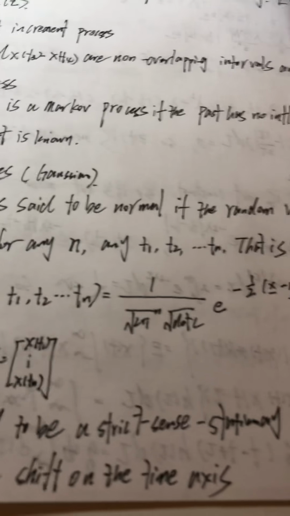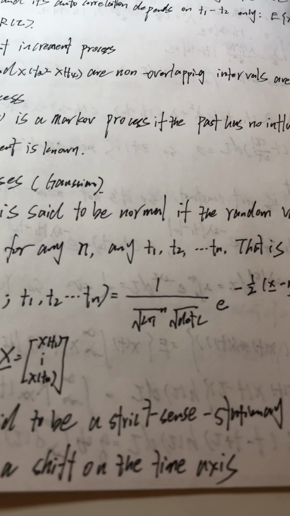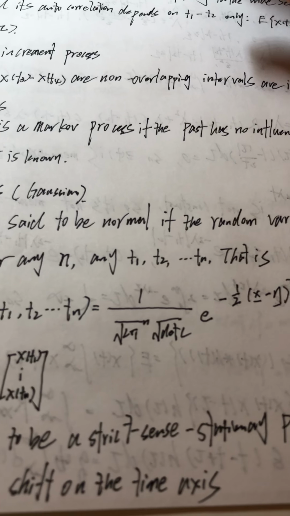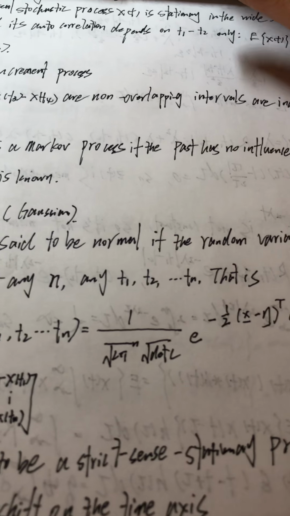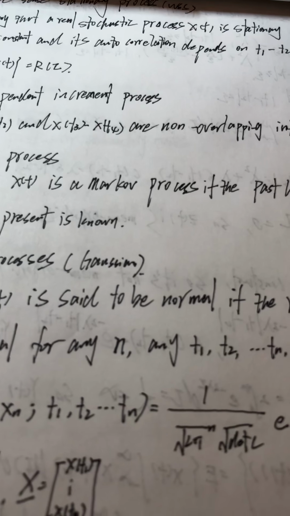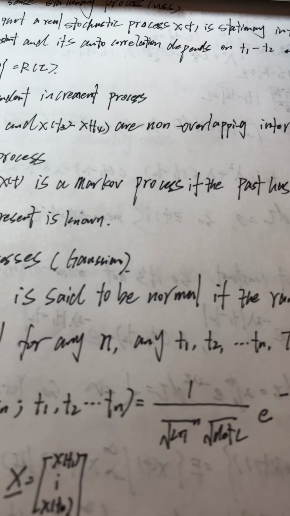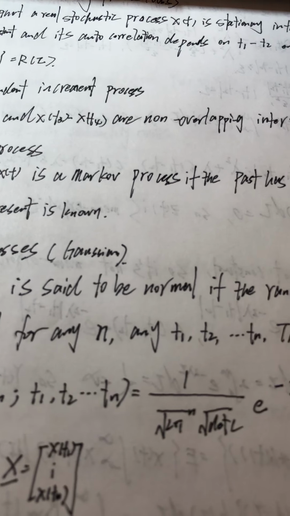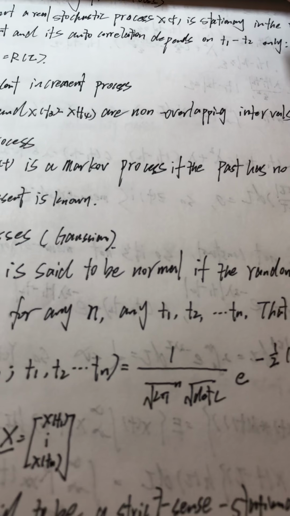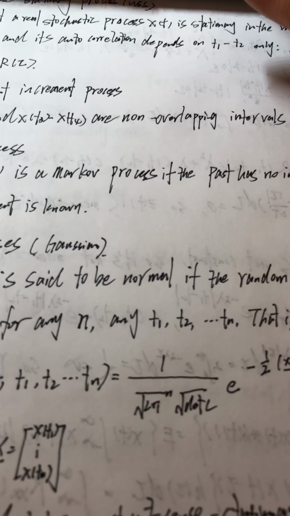We all know that the statistics of a normal process are completely determined in terms of the mean eta(t) and autocorrelation R(t1, t2), or autocovariance C(t1, t2).